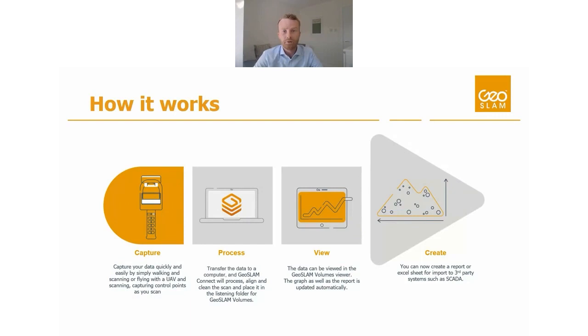Finally, with this data, you can export from Volumes a CSV of your results and use that in a third-party system such as a SCADA business management system, or you can simply use the graphical and reporting function in Volumes to monitor and manage your stockpile over time. So we're going to have a look now at each of these steps individually. We'll start with capture and then work all our way through to create.